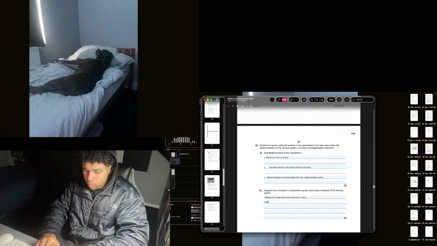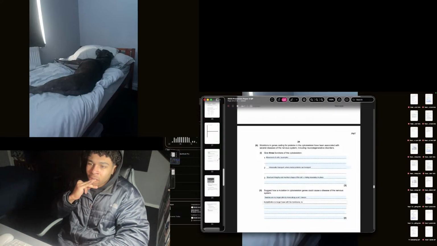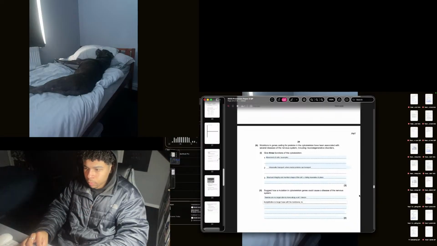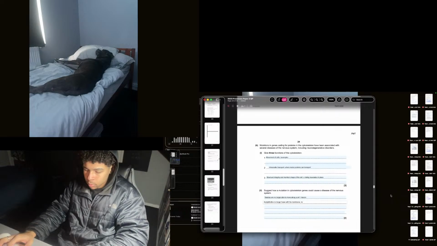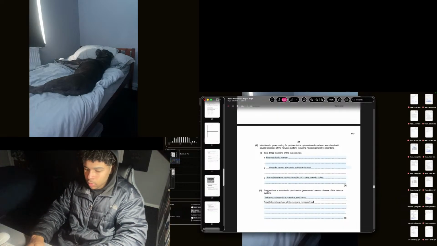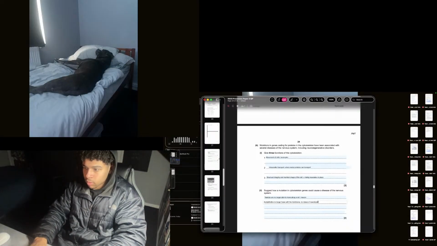Acetyl exocytosis. So no release of neurotransmitters.